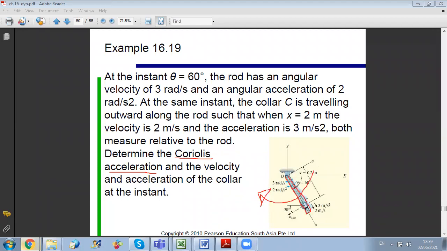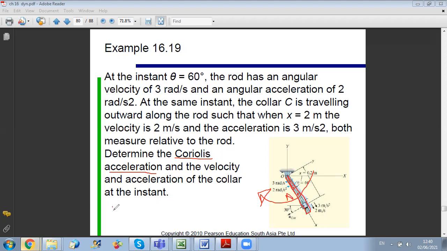So if you take any 2 points of the rod, you can relate their velocities and accelerations by the simple formula we have introduced first, because it's one body that is moving. For example, if you have a point here, let's say A, you know the distance from A to O. You can apply the relations between O and A for translating axis.